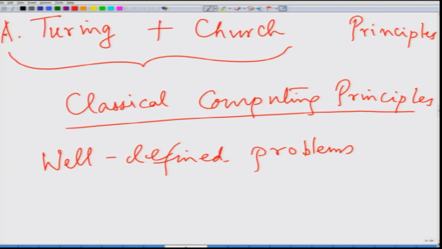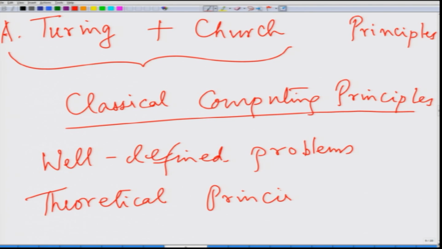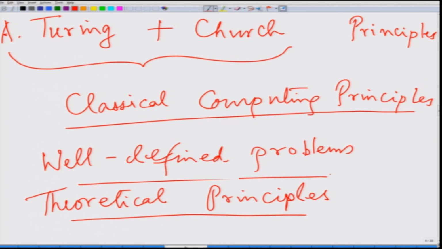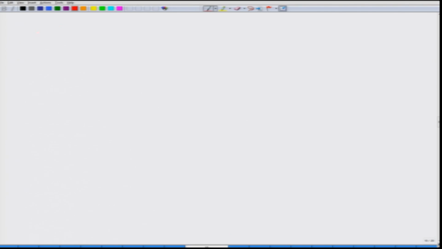So in order to learn this, what we need to do is to understand the theoretical principles which have been in existence for a very long time. The theoretical principles on the computational concepts give rise to the idea of the Turing machine.